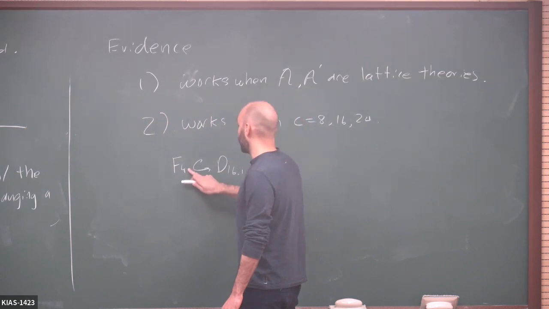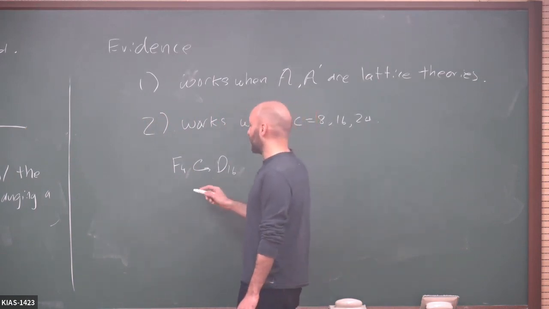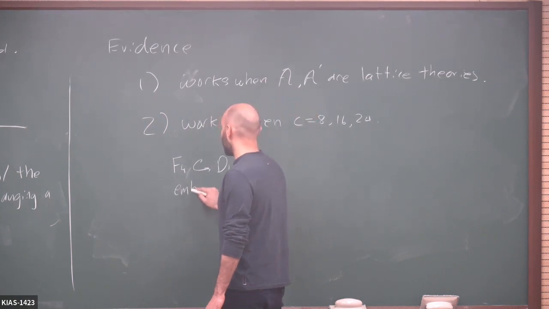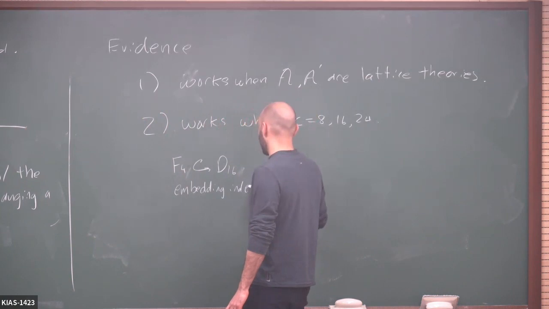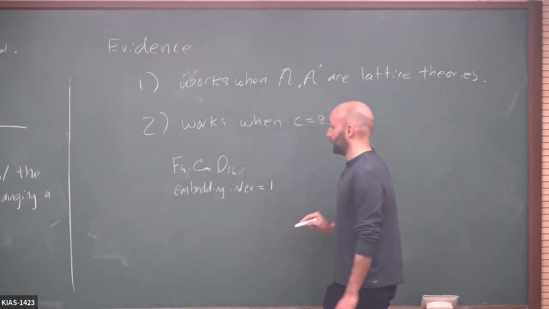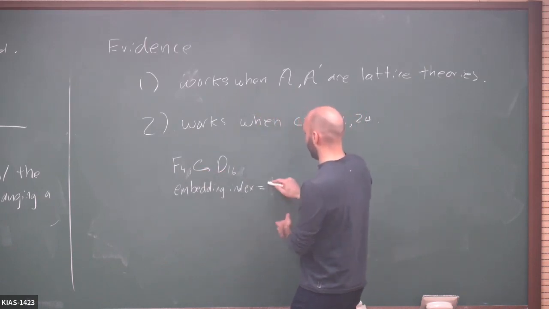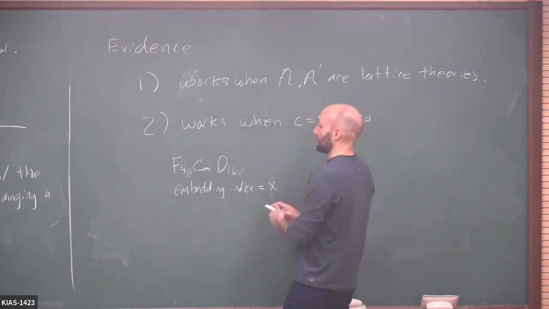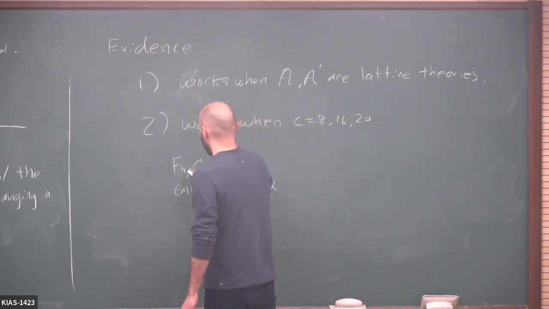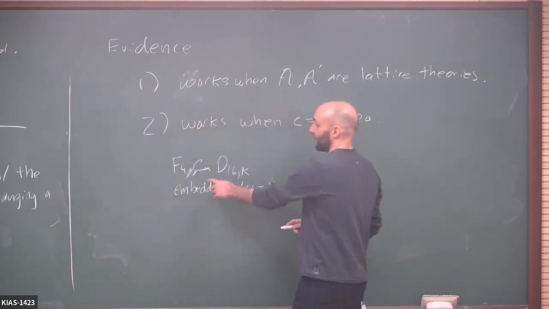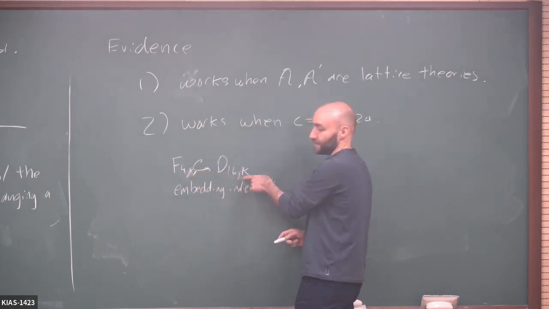If I translate that into a statement just about ordinary Lie algebras, it corresponds to the statement that we require the embedding index to be equal to 1. Let me make a more general statement. If the embedding index is x, then in general, this defines an embedding of F4 at level kx into D16 at level k.